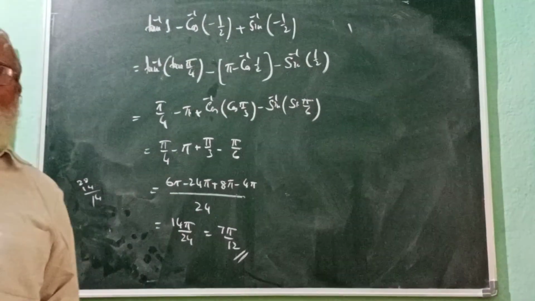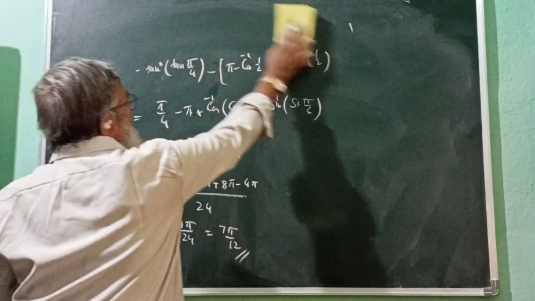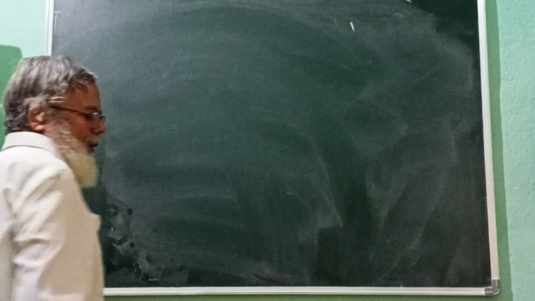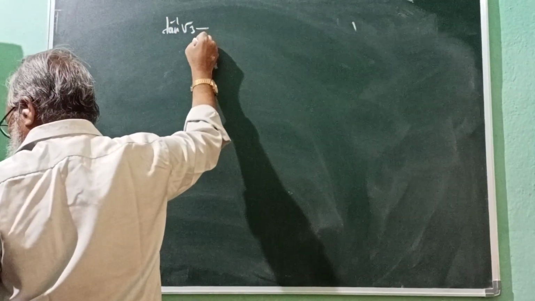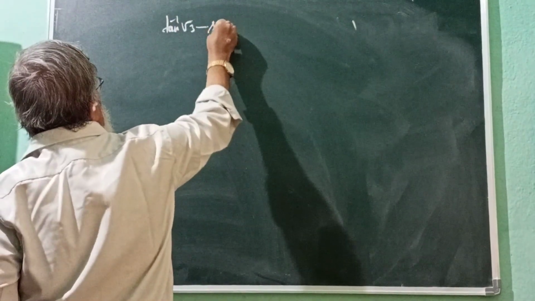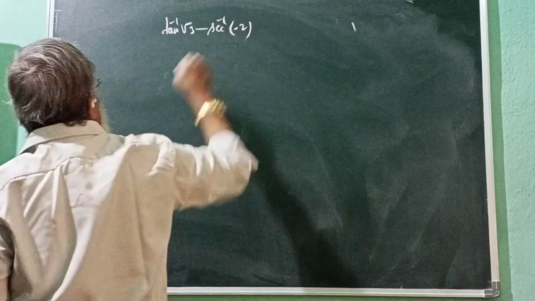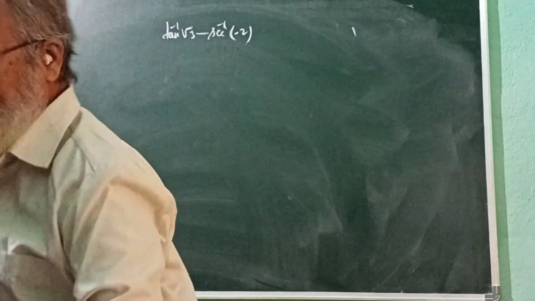Again simplify. Look here. Simplify tan inverse root 3 minus sec inverse minus 2. Look here, we have to simplify this.